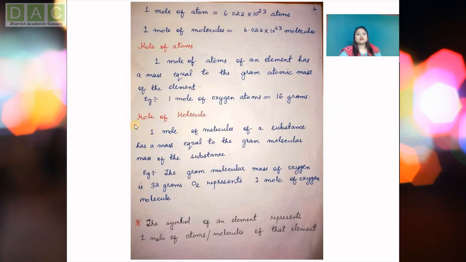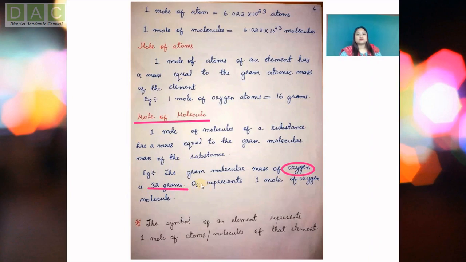Then second, we can see mole of molecule. Similarly, in the case of molecule also, 1 mole of molecules of a substance has a mass equal to the gram molecular mass of the substance. Again, if we take the example of oxygen, the gram molecular mass is 32.